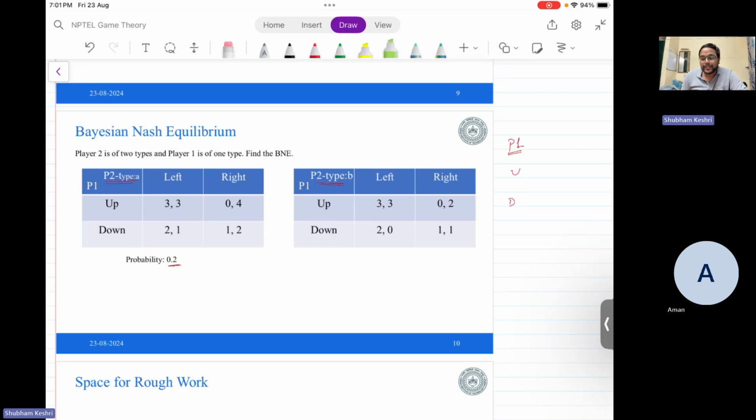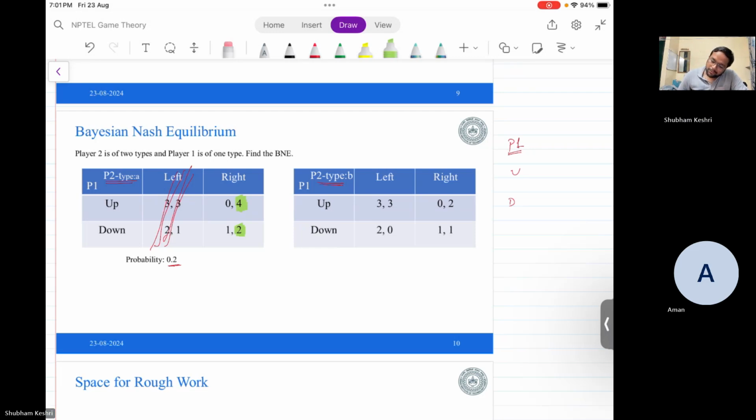When player 2 is of type A, the best response of player 2A when player 1 plays up is to play right. And when player 1 plays down, the best response of player 2A is to play right. Therefore, player 2A has a dominant strategy, which is right, so you can just remove left altogether.